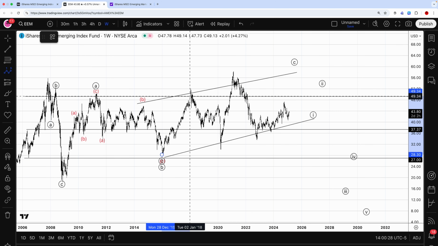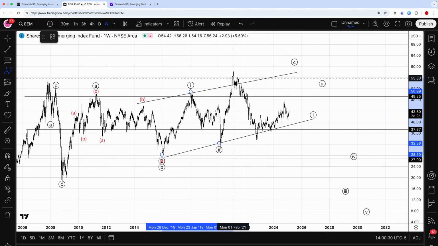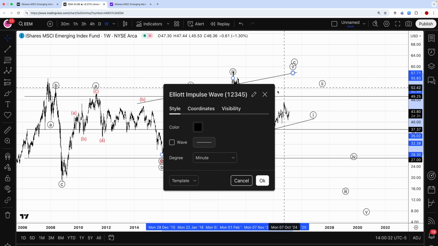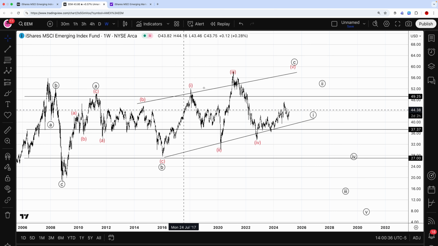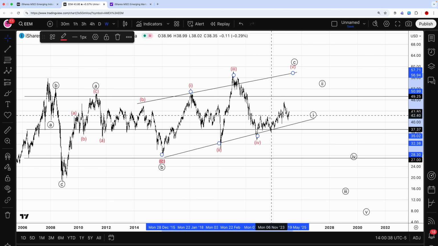So you have your wave 1, 2, 3, 4, and then your 5th wave right here. Okay, so it's going to look exactly like this.